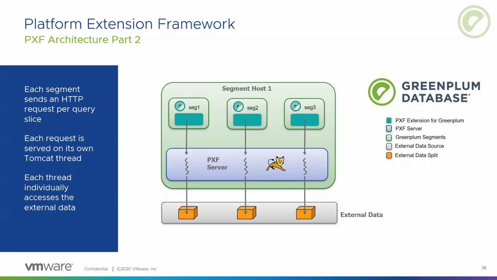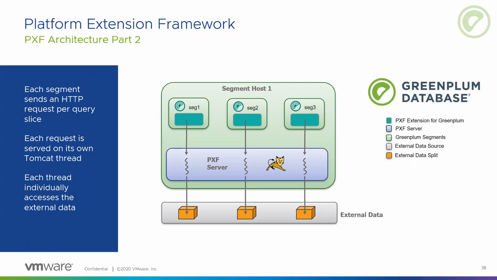PXF will gather metadata from the external system. For example, if we are querying Parquet data stored in my Hadoop cluster, PXF will gather the list of Parquet files, and for large Parquet files, it would split these files. It will then assign a list of files or splits for each segment to work on.